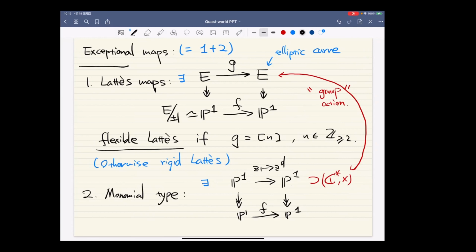And also in the monomial type, P1 is not a group, but it contains the group C star, and z maps to z^d is also a morphism of the group. So these exceptional maps are exactly maps coming from groups.